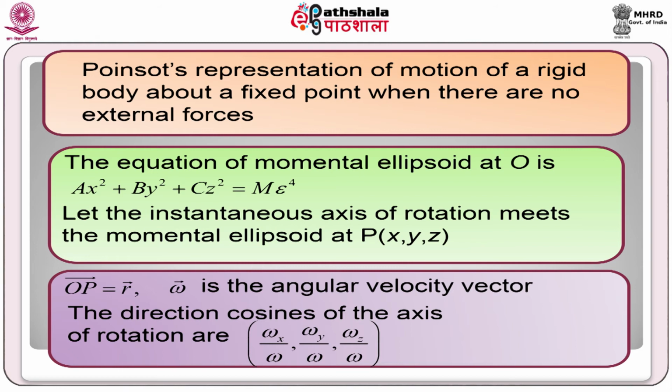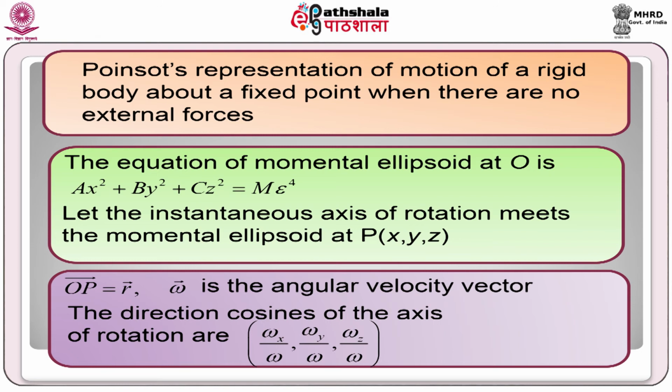Let us check it. Capital A is the moment of inertia. So, this is of the form mass into y square plus z square. So, in this term we have the dimension of mass M into the dimension of length to the power 4.